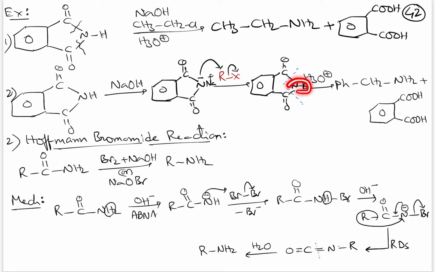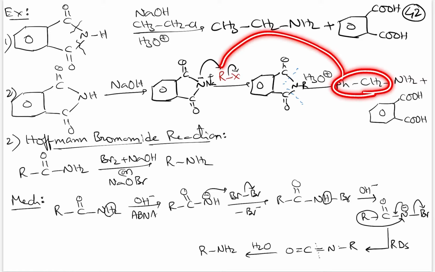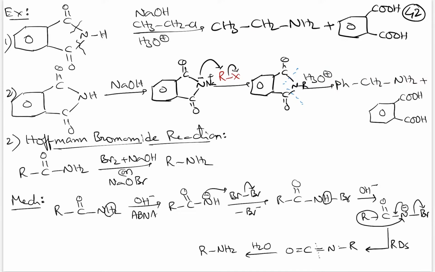And now this RNH2 here is PhCH2NH2. So the question is here, what is alkyl halide to form this product? Benzyl amine. So to form the benzyl amine, this alkyl group should be present as R group. That means the alkyl halide should be PhCH2X.